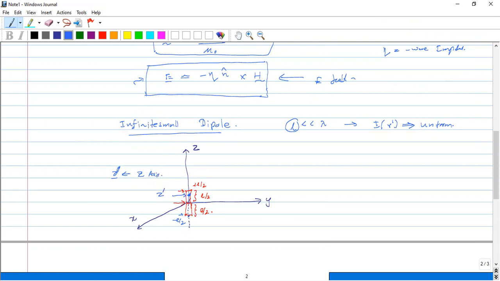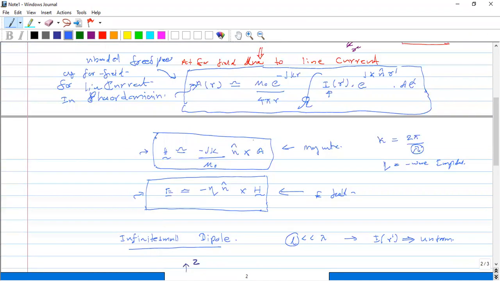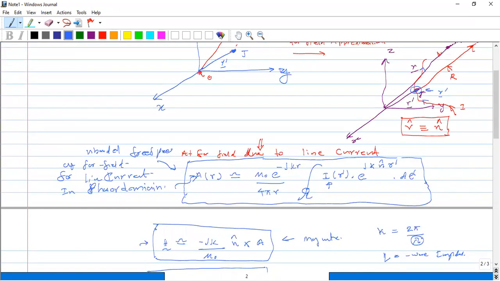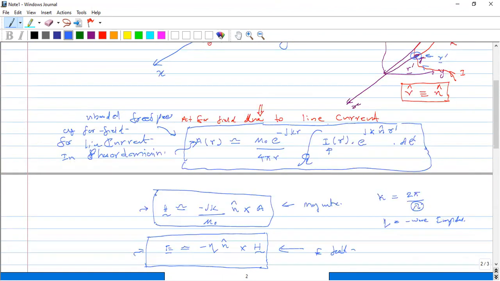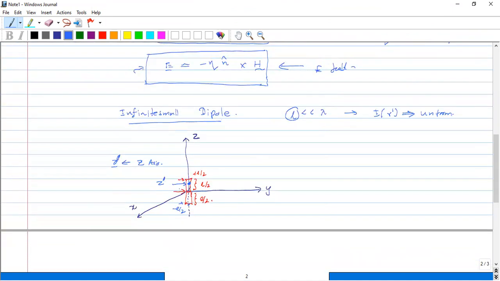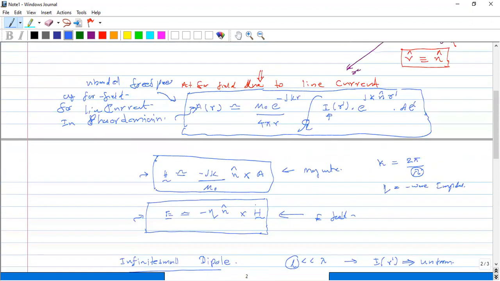Previously we considered a general line and a position R dash bar. Now we have placed that line along the Z axis, so our position should be on the Z axis. So let's denote it as Z dash.